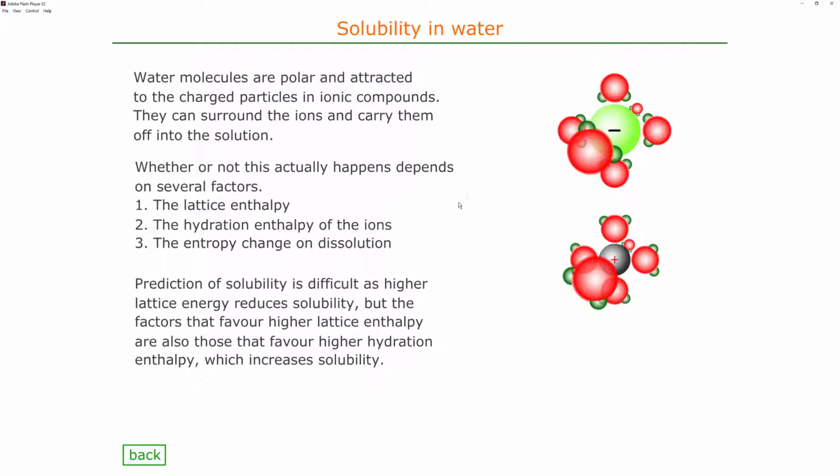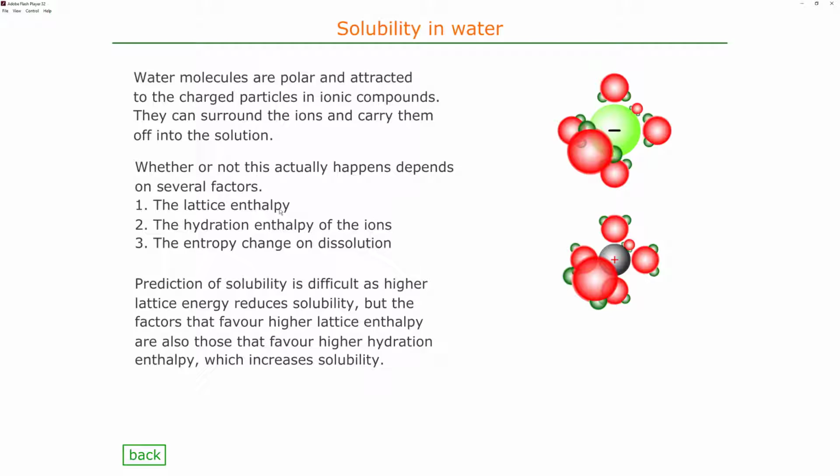It's not such a straightforward thing because it depends upon several factors whether this actually happens. There are 3 factors in fact: the lattice enthalpy, the hydration enthalpy of the ions, and the entropy change on dissolution. We can assume that the entropy change on dissolution is pretty much the same for most ionic compounds because we're going from a lattice, which is highly ordered, to a solution, which is much less ordered.